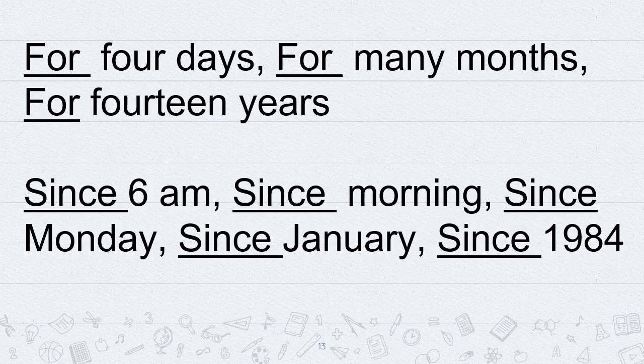Now this is showing period of time. If I say since 6 a.m., since morning, since Monday, since January, since 1984, this is showing point of time. So for showing point of time, we will use since, and for showing period of time, we will use for.